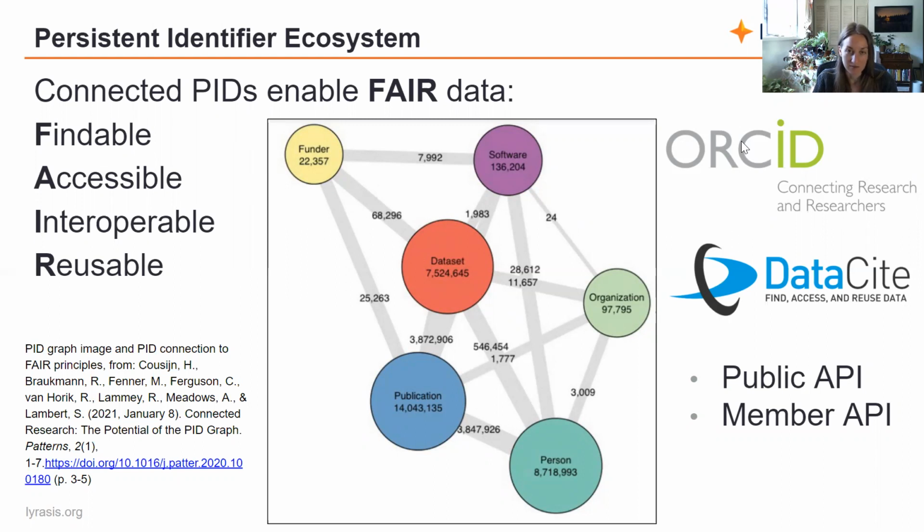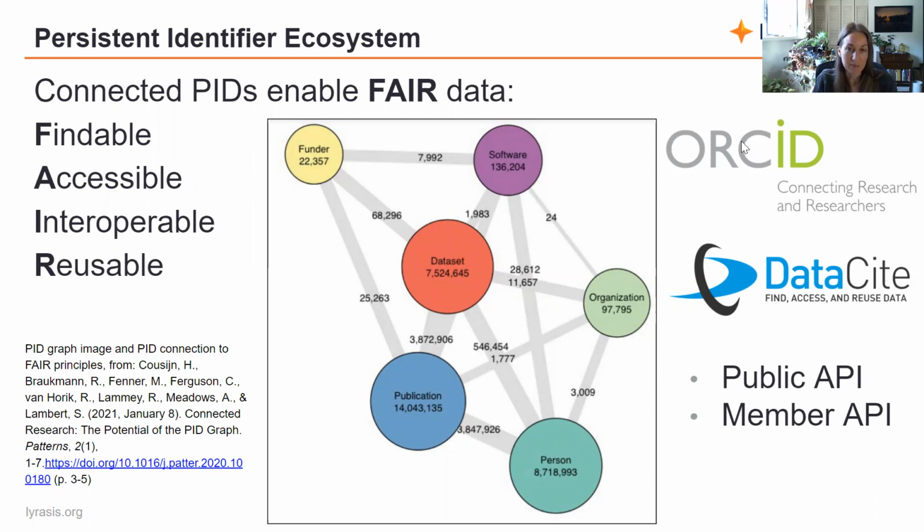So persistent identifiers like ORCID and DOIs are standards that enable interoperability and contribute to increased trust and efficiency in the research and scholarly ecosystem. Persistent identifiers also contribute to open research infrastructure by supporting FAIR data principles, making research data more findable, accessible, interoperable, and reusable.